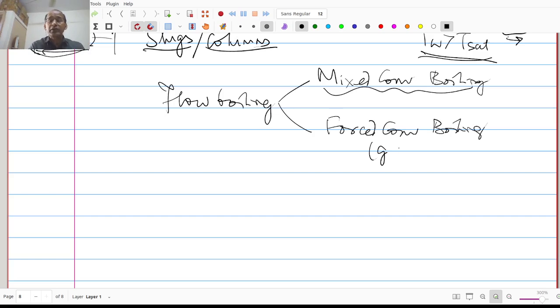So g is neglected, that is, the natural convection heat transfer component can be neglected as compared to the forcing condition or the flow conditions, whereas here g is important.